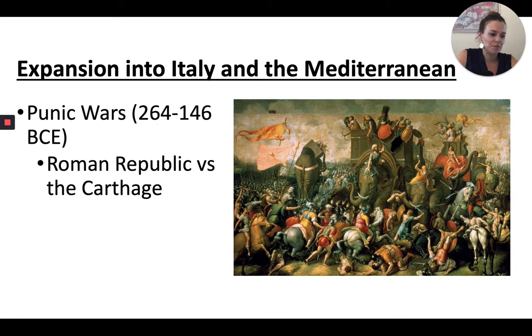Rome fights back. And here's the thing. A lot of people think Hannibal could have won. Carthage could have won. But for some reason in northern Italy, he pauses. There are various theories for why. Maybe he needed to regroup. Maybe he wanted to see if he could convince some of the large landowners in Italy to come to his side so he wouldn't have to fight them all.